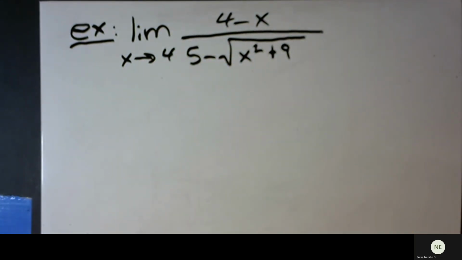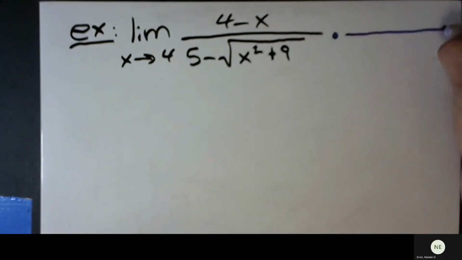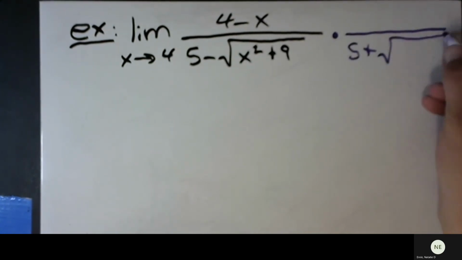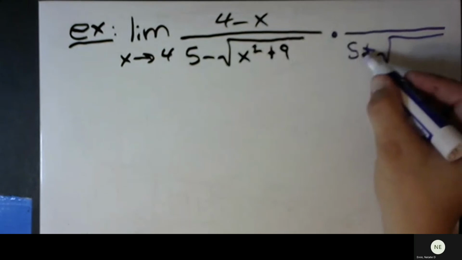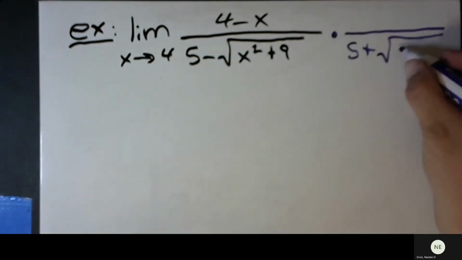So we're going to solve this problem the same way. We're going to multiply by 5 plus square root. And again, if this was a plus, we would make this a minus, but because it's a minus, we're going to make it a plus.